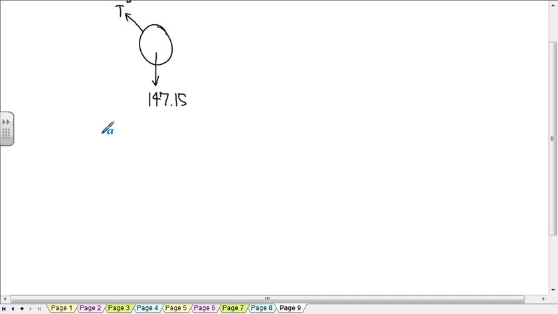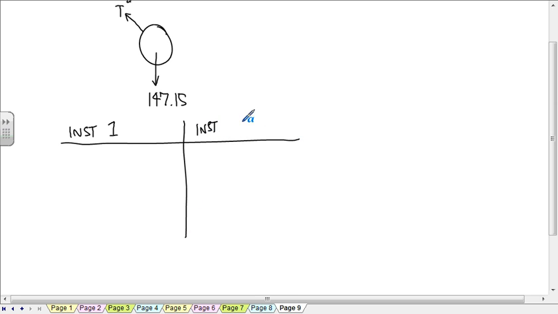So instant 1 is going to be that instant right after the collision. Instant 2 is going to be when it gets up to the highest point. The only conservative force is gravity. So for the gravitational potential energy, we have to choose our zero height.